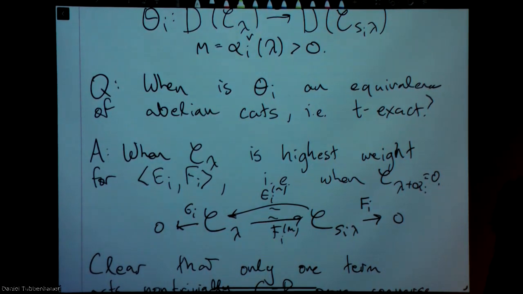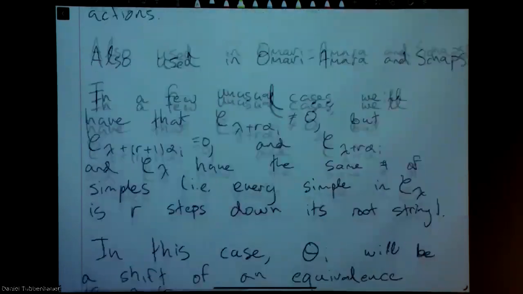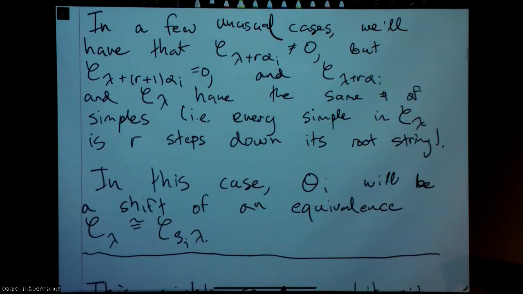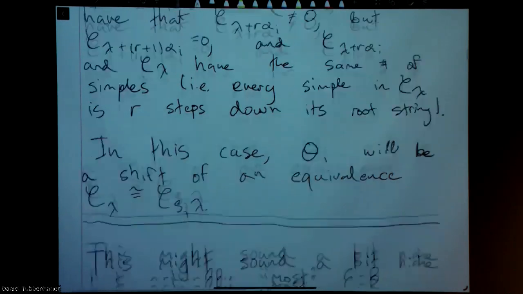Take some simple categorification, then this weird, unusual case applies. If you're not in the highest weight, it's not T-exact, it's a shift of something T-exact. But that's a case where all the root strings going through there are the same length, even though you're not at the end of it. So I even had to explain this so people wouldn't ask that question. All right, anyways.